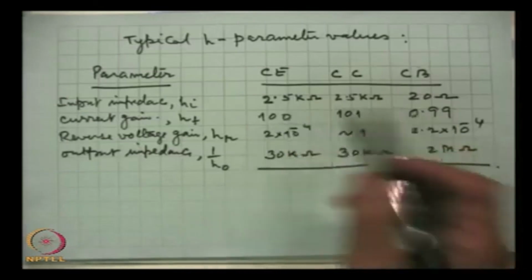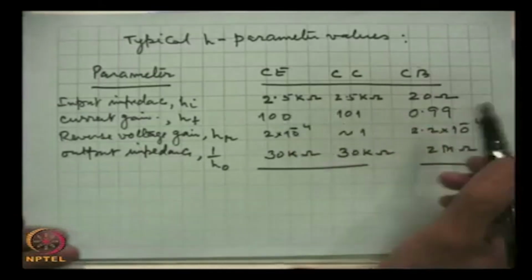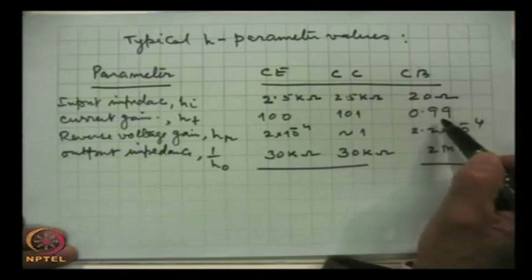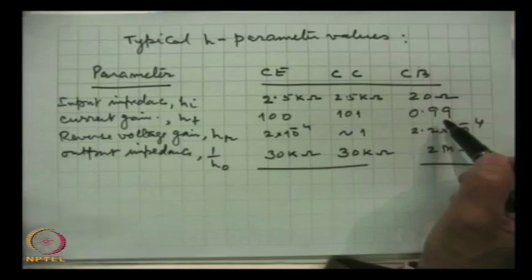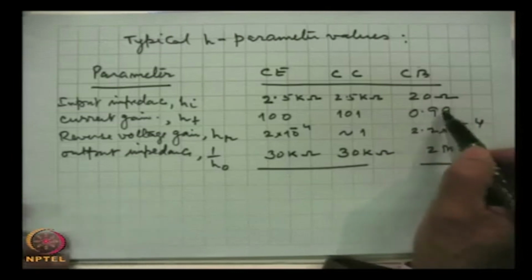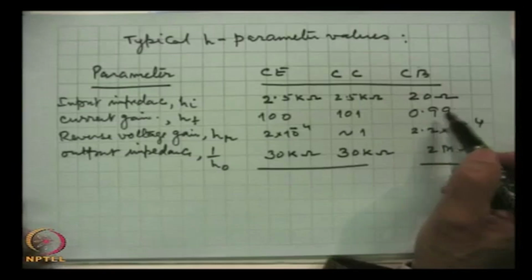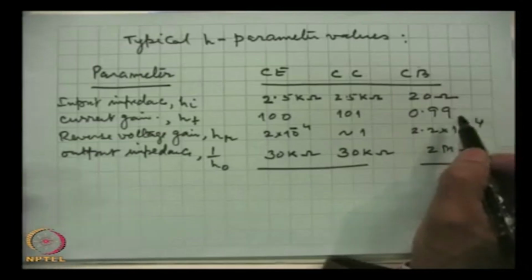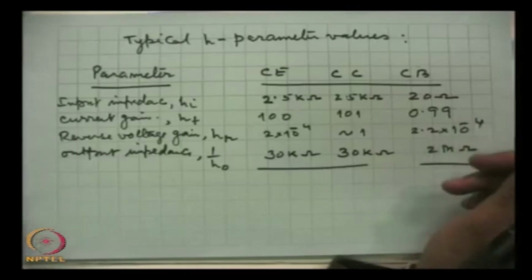So, this is an additional advantage. Plus, in common base the current gain is very small. Current gain, as we will see, will enter even in voltage gain. So, because the current gain is small, this is another drawback with the common base. Common base circuit has only few applications in very high power circuits.